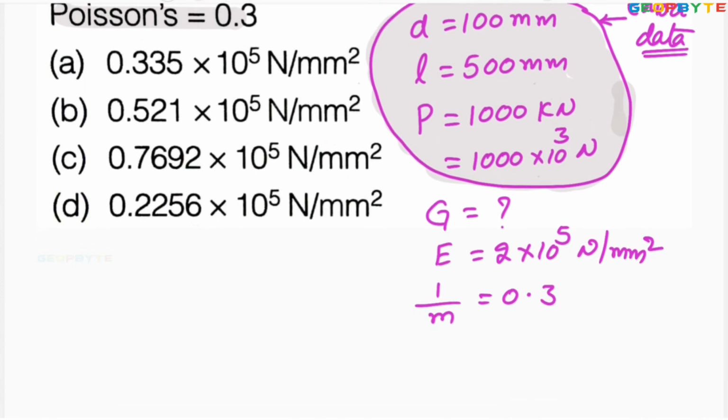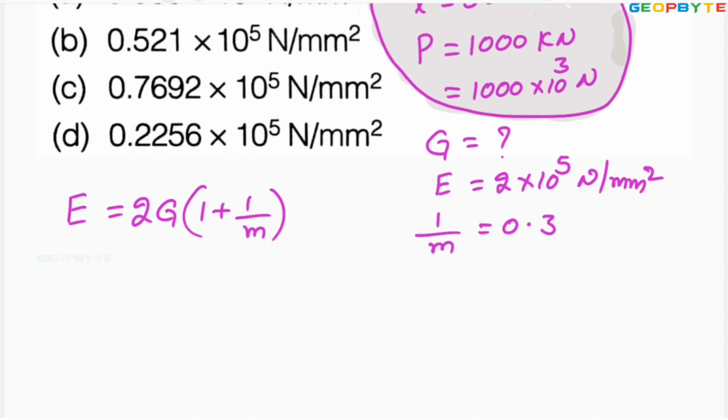So let us go for the solution. As we know, the relation between Young's modulus and shear modulus is Young's modulus equal to 2 times G into 1 plus 1 by m. From this, the shear modulus equals Young's modulus by 2 times 1 plus 1 by m, where 1 by m is the Poisson's ratio.